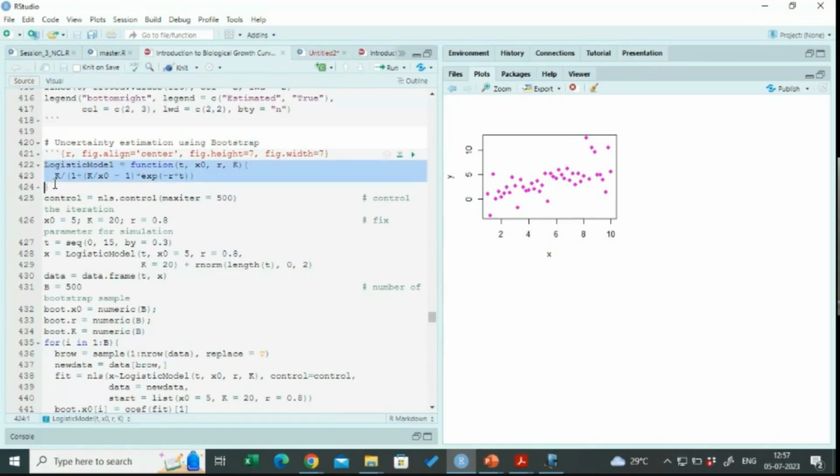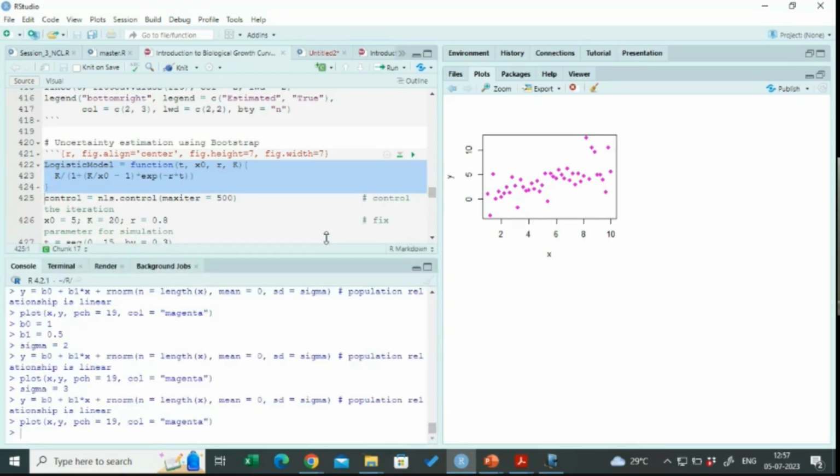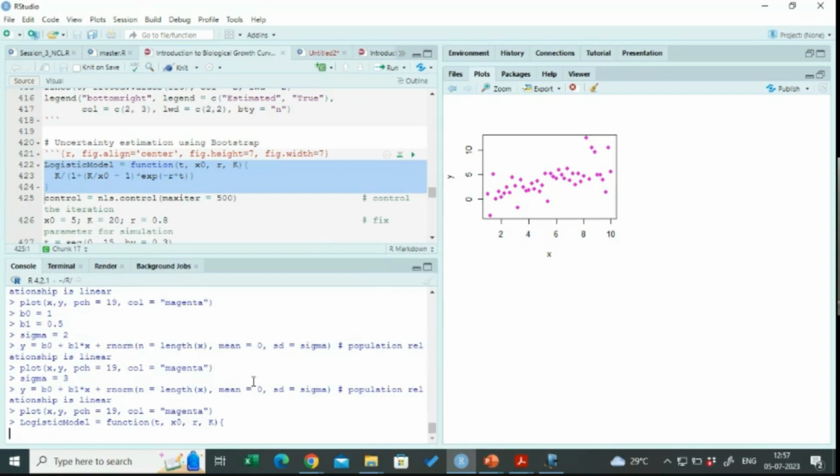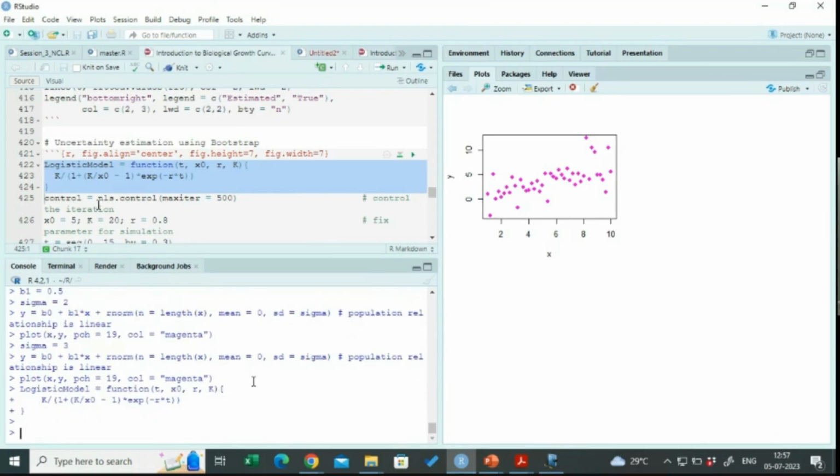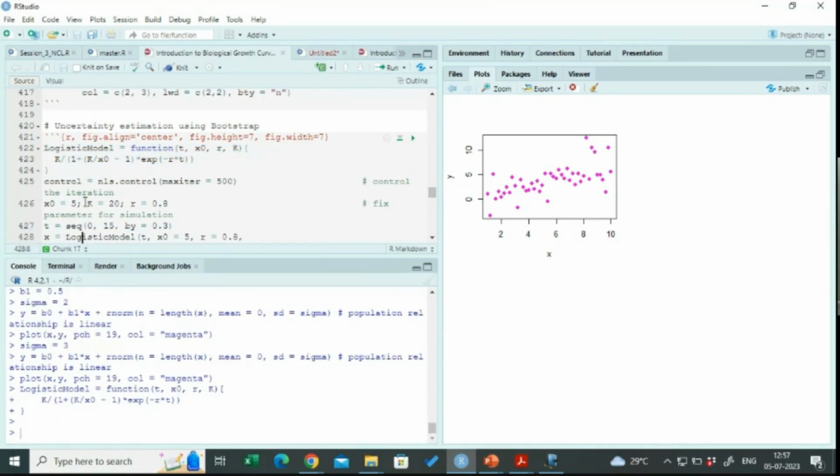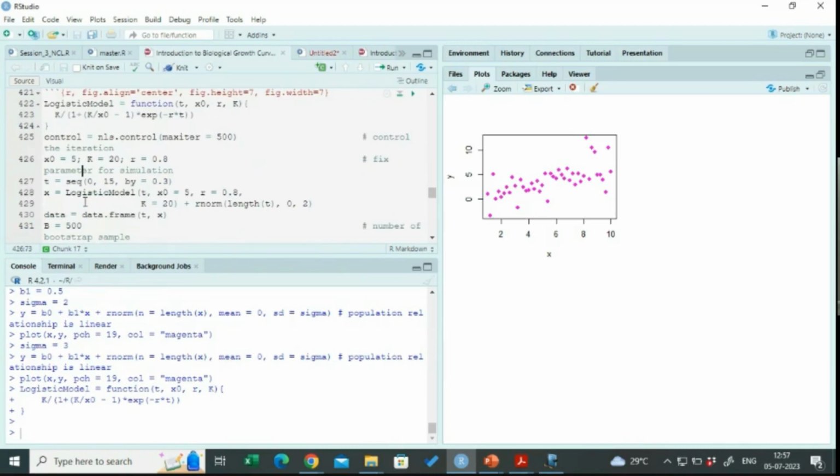This is going to be the logistic growth equation. Executed. And this is the first time I'm using nls.control. That means I'm performing a nonlinear least squares, so you can control how much maximum iteration you want.